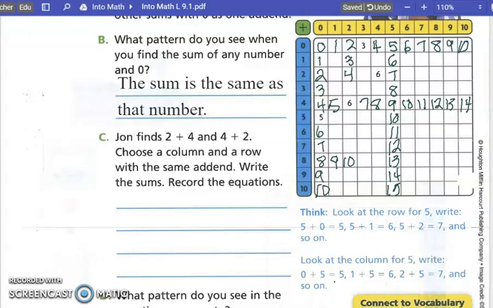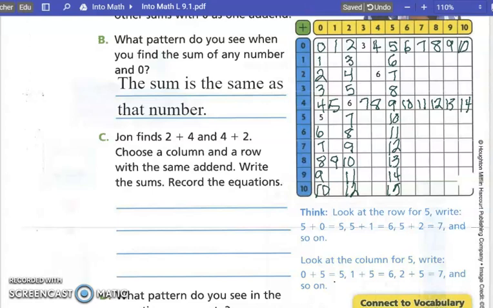Anthony, what column did you do down? I did 2. So you have this one. 2 plus 0 is 2. 2 plus 1 is 3. 2 plus 2 is 4. Then 2 plus 3 is what? And 2 plus 4 is 6. 2 plus 5 is 7. 2 plus 6 is, 2 plus 7 is 10. Then 2 plus 9 is 11. And then 12. Okay.